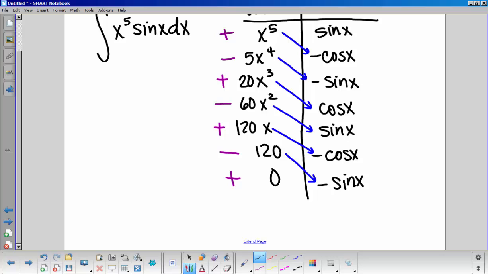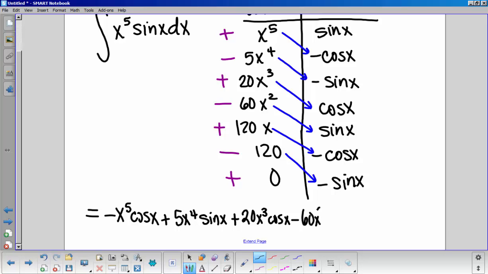And so then let's read our answer off the table. Negative x to the 5th cosine of x. Everybody follow that? Now what's this? It's a negative times a negative. Plus 5x to the 4th sine x, plus 20x cubed cosine x, minus 60x squared sine x, plus 120x.